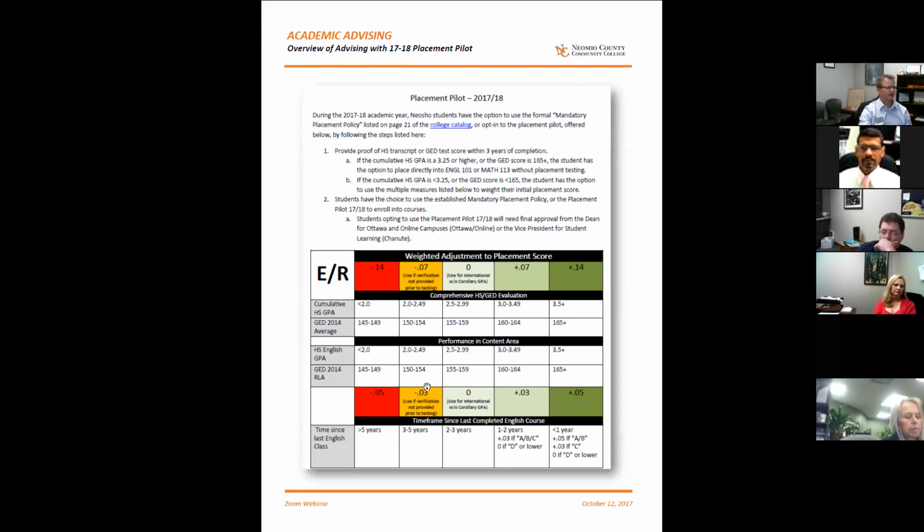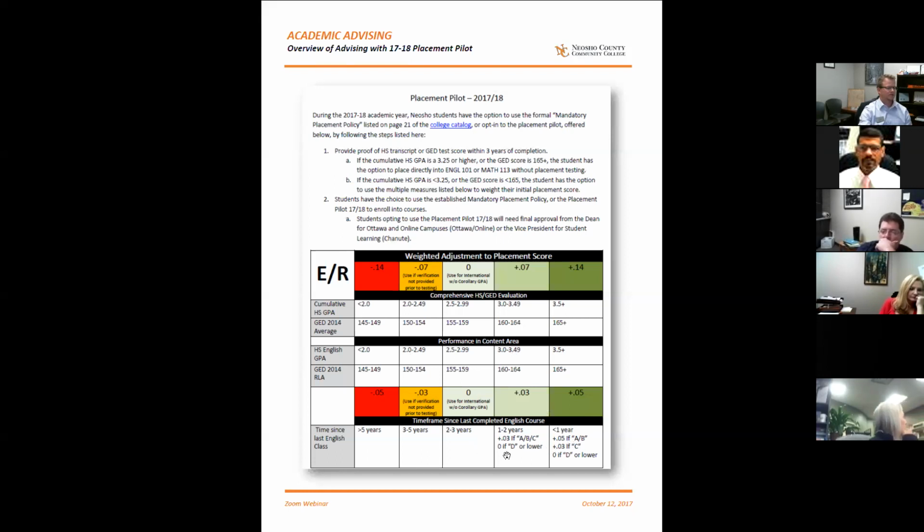So you then jump down to performance in content area. Say, for instance, they had a 2.3 overall, but their English GPA was actually a 3.2. Then they would get a positive 7 in this category weighted on their placement score. Then you jump down to the third category, but notice that in this example, the scaling changes. So the spectrum could only be negative 5% to positive 5% for this particular category.